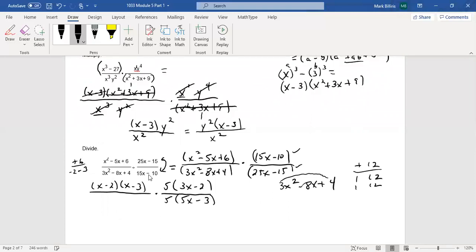So remember, I'm looking for the factors of a positive 12 that add to a negative 8. So that would be a minus 2 and a minus 6. So I'm going to rewrite this as 3x squared minus 2x minus 6x plus 4, then factor by grouping.